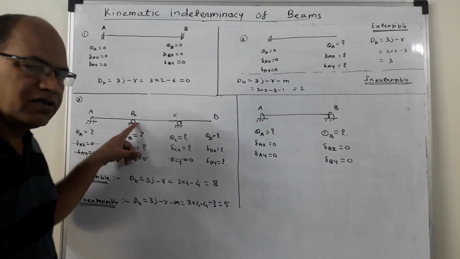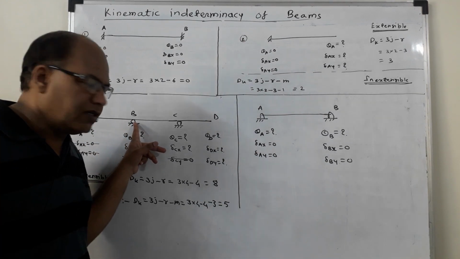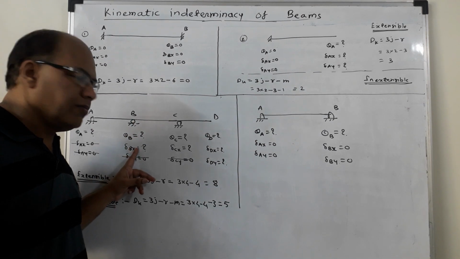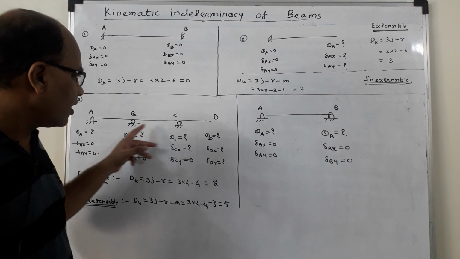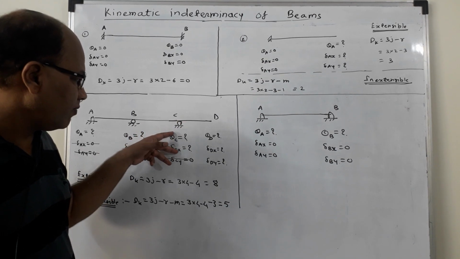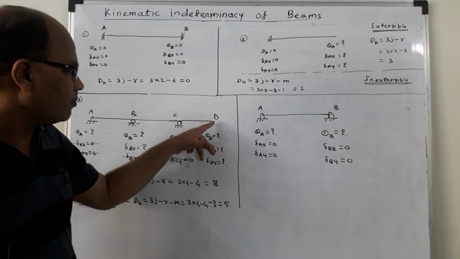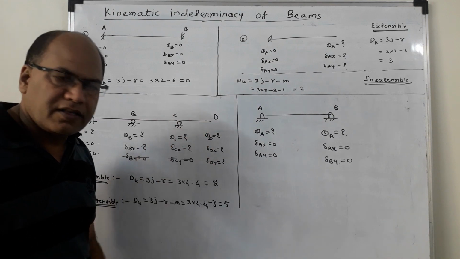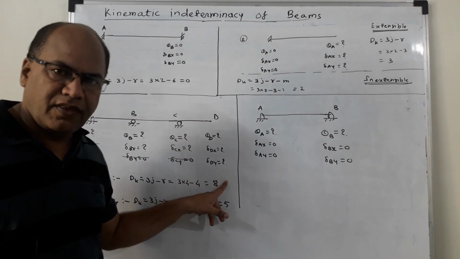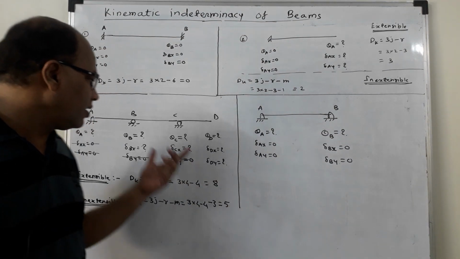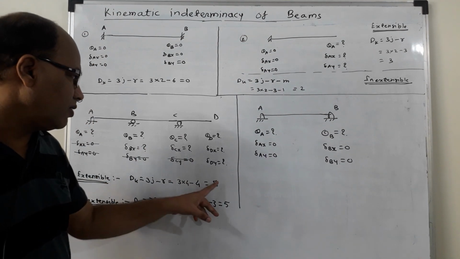Now B is a roller support. A roller support has 2 degrees of freedom, theta B and delta Bx. So 1 plus 2. Again a roller support at C, 2 degrees of freedom, and at support D, 3 degrees of freedom are there. So 3 plus 2 plus 2 plus 1 makes 8. This is how you can calculate the degrees of freedom also, and dk is equal to 8.